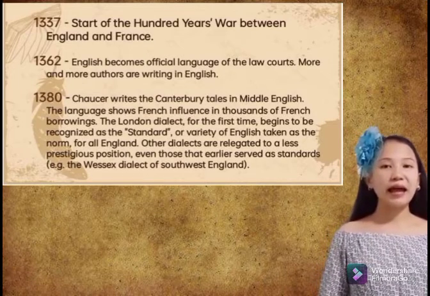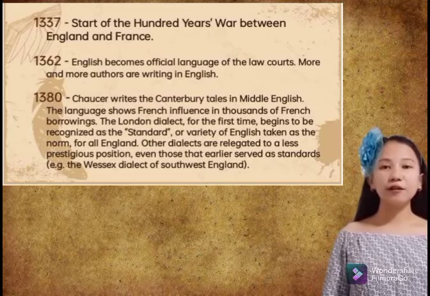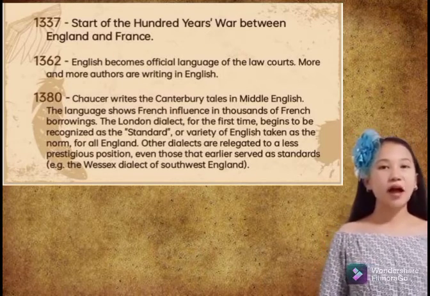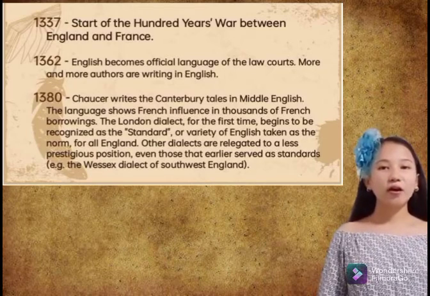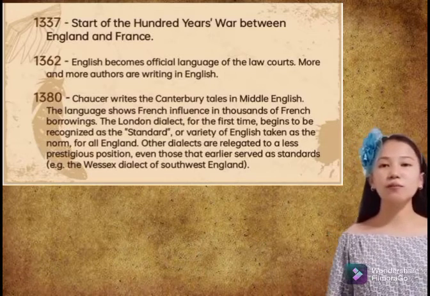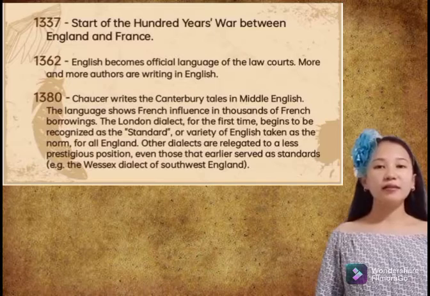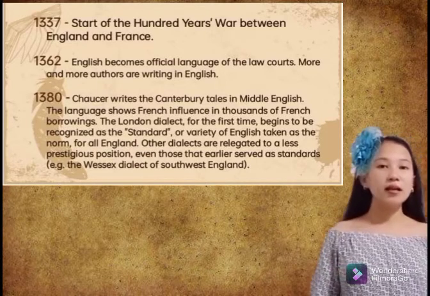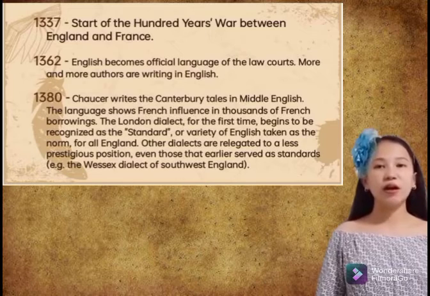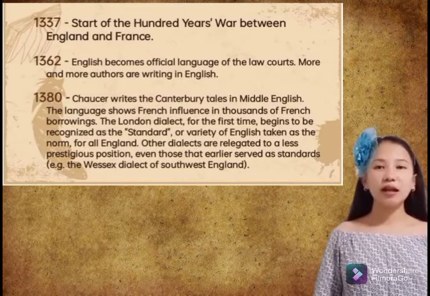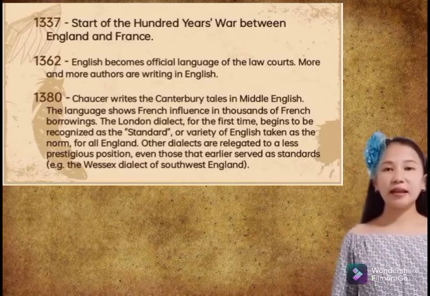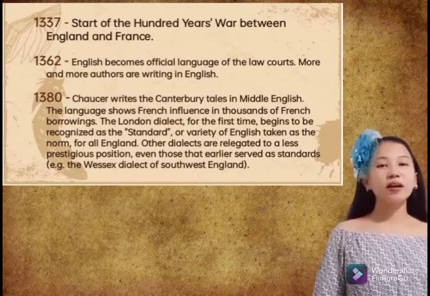The London dialect for the first time begins to be recognized as the standard variety of English, taken as the norm for all England. Other dialects are relegated to a less prestigious position, even those that had earlier served as standards, such as the Wessex dialects of Southwest England.